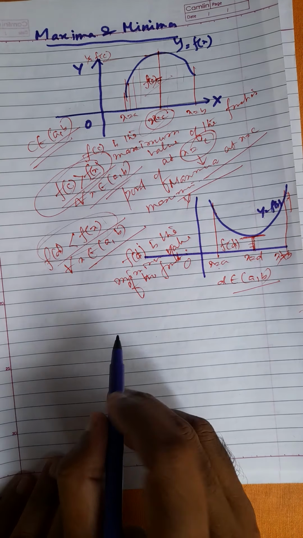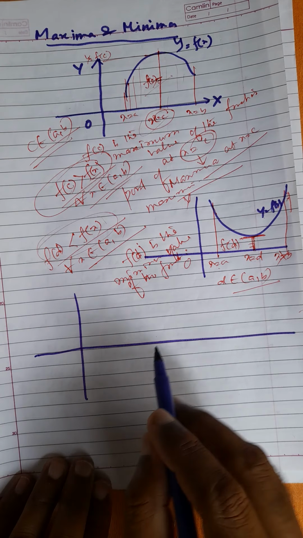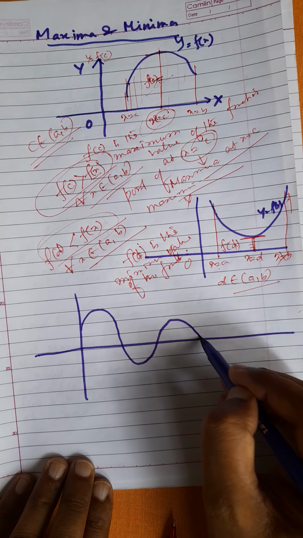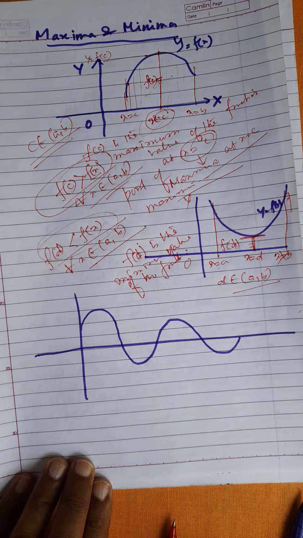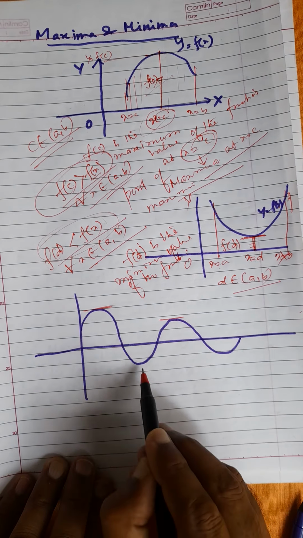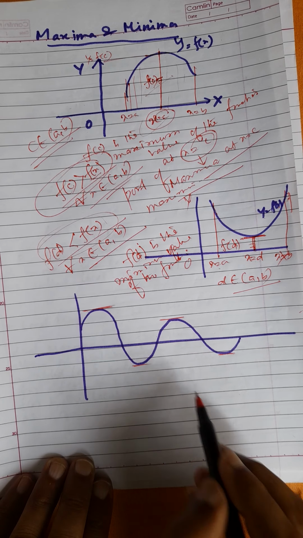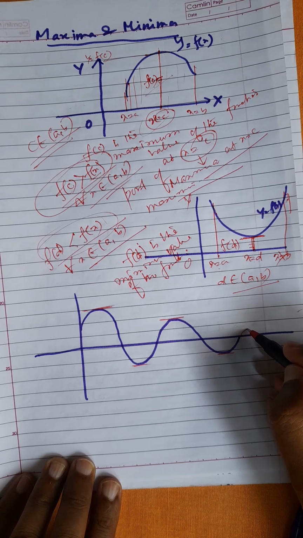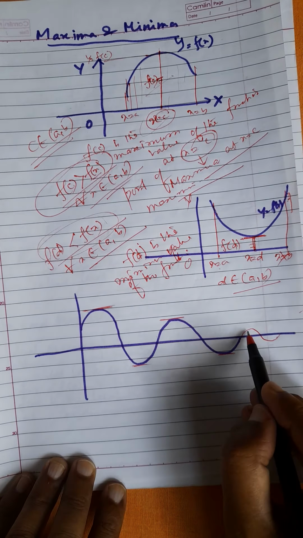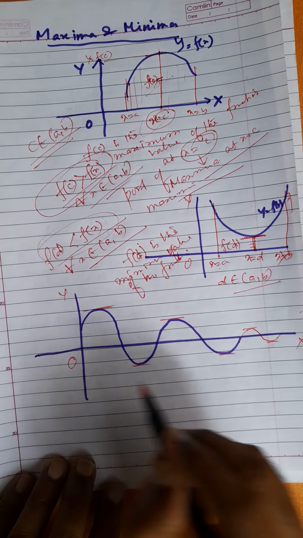Now see, in some point of view, if we get this type of graph, see this type of graph. Or you can take more also. This way you can take. This is x, this is y, this is origin.